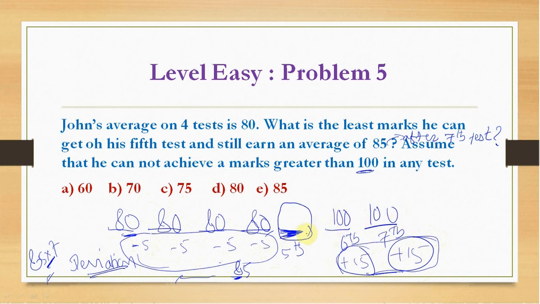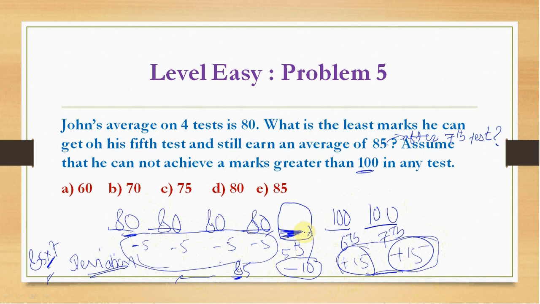To make the deviation 0, the deviation on this item should be negative 10. It is because the sum of the negative deviation still is negative 20 only. So if we take a deviation of negative 10, the sum of negative deviation will be negative 30 and positive deviation will be positive 30, so that they cancel out each other.